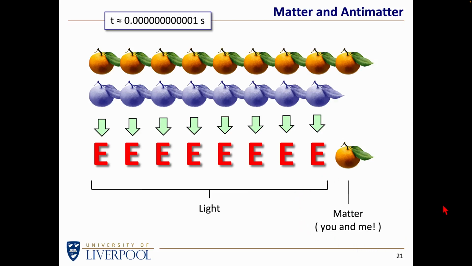Radiation outnumbers particles in terms of photons of light versus particles of matter. But it's just as well there was an imbalance, otherwise we wouldn't have that tangerine left at the end, which makes everything we see in the observable universe.